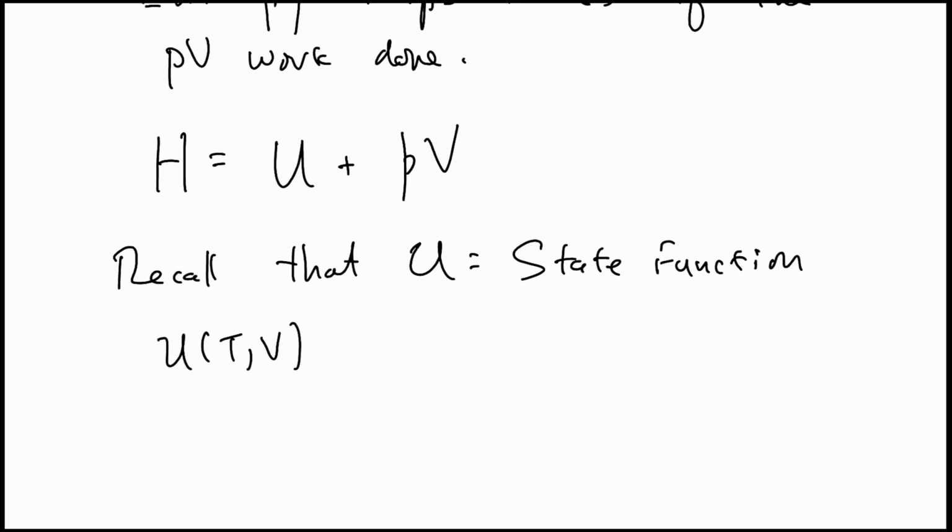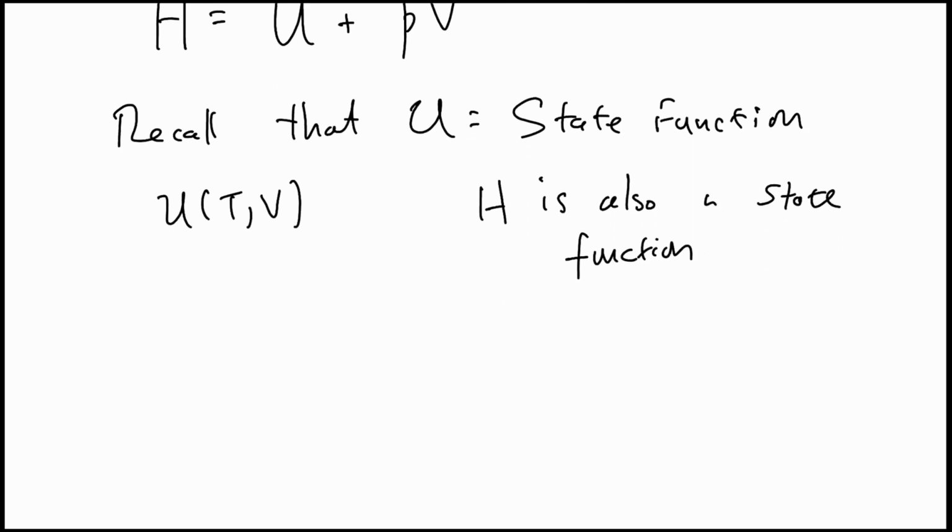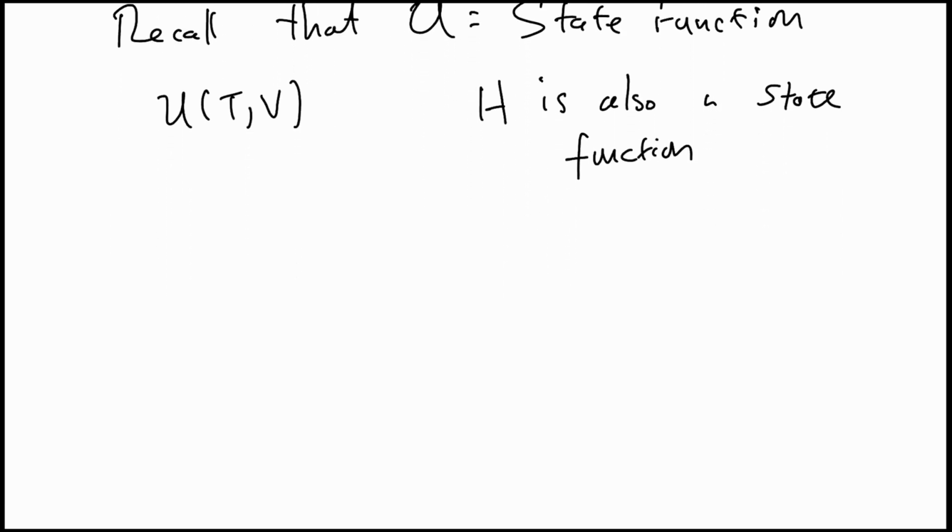But if I have an ideal gas, or anything really, if I tell you the temperature and the volume and the number of moles, remember we're going to fix those for now, then you can tell me what U is. And H is also a state function. But I'm not going to say what variables it depends on yet.